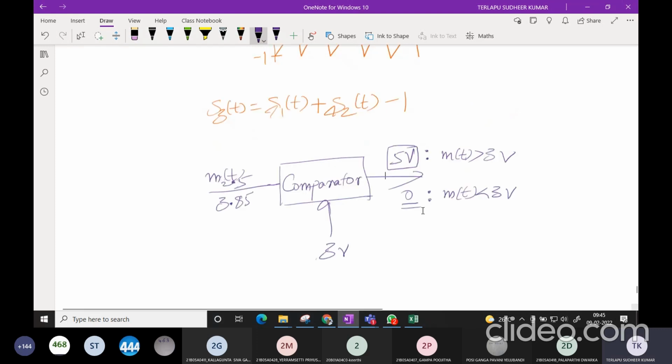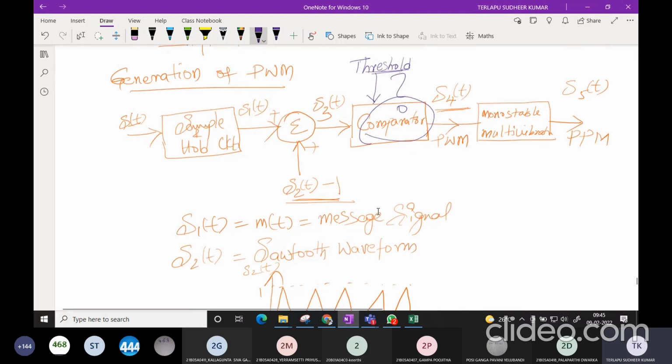So the same principle I am applying here. The input to the comparator is S3 of t. The output S4 of t is active high when S3 of t is more than the threshold.